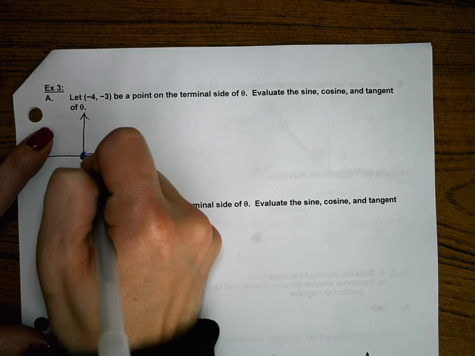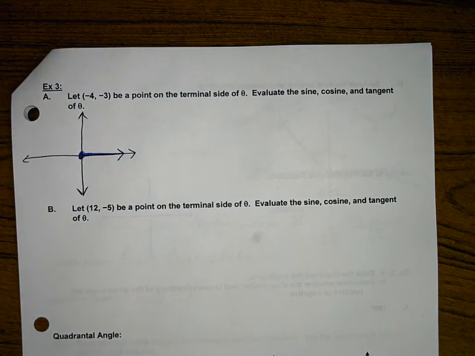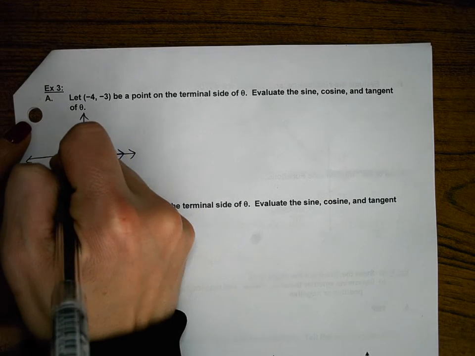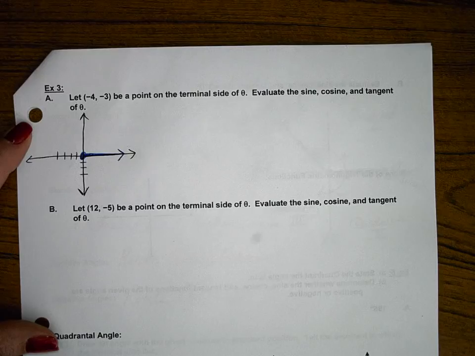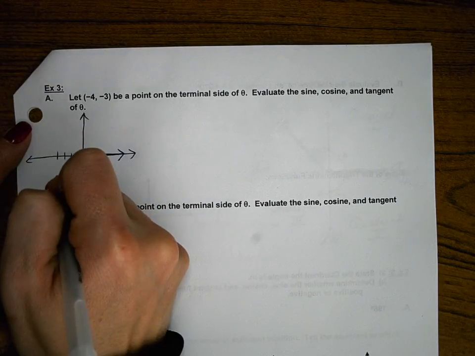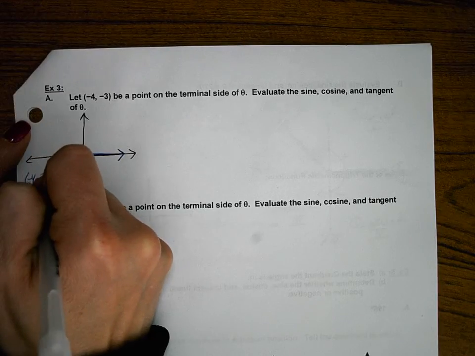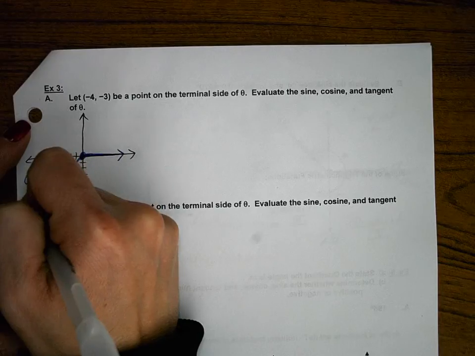Now where is -4, -3? I'm going to go left 4 and down 3. Here is -4, -3, and that is my other ray of this angle.